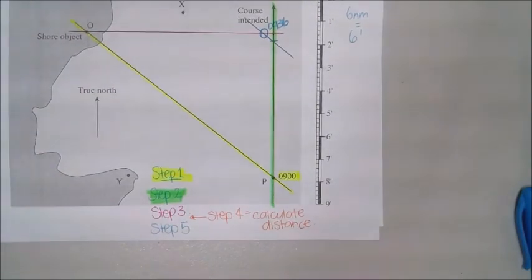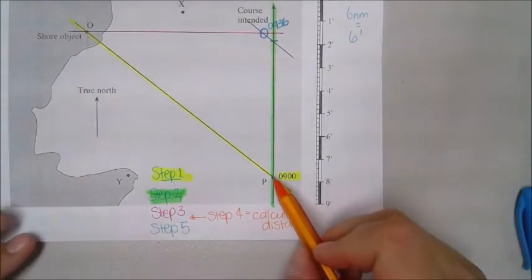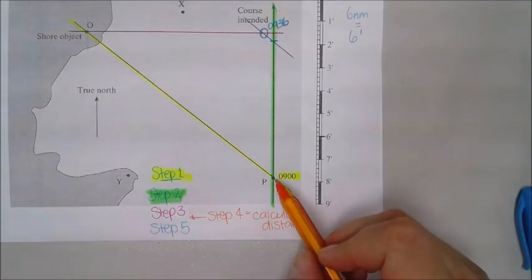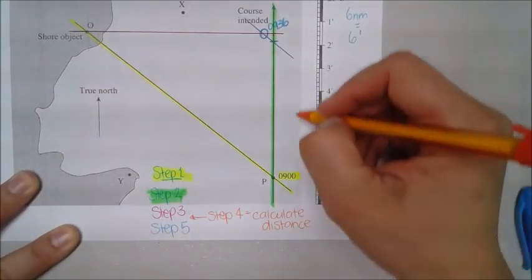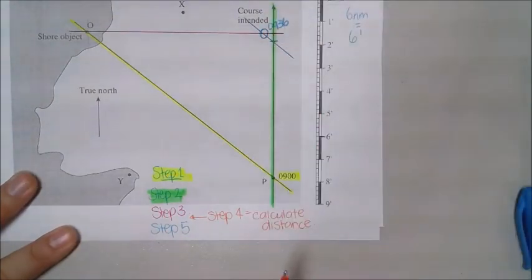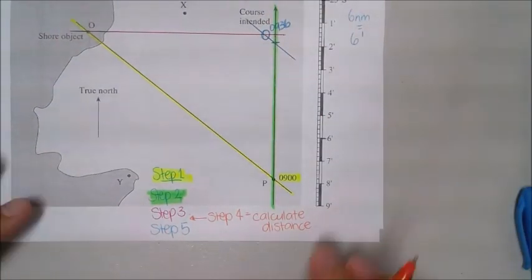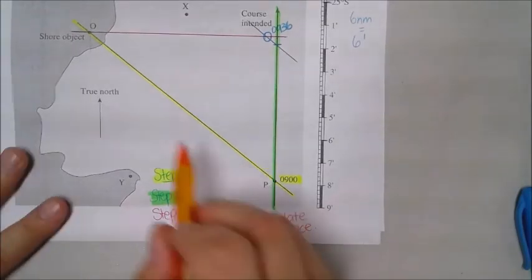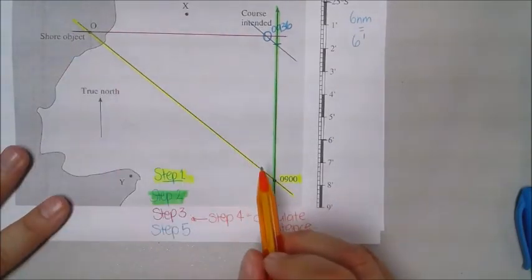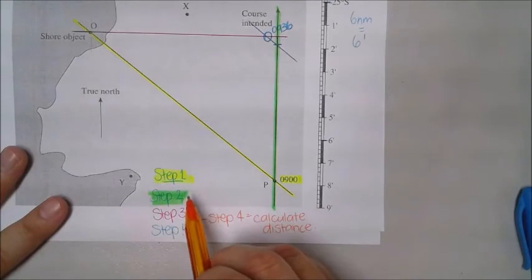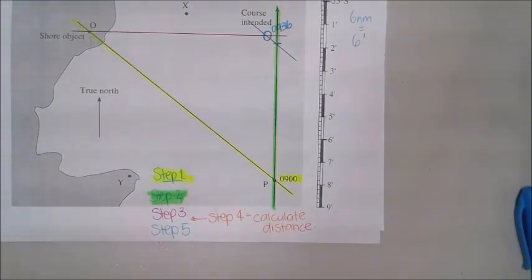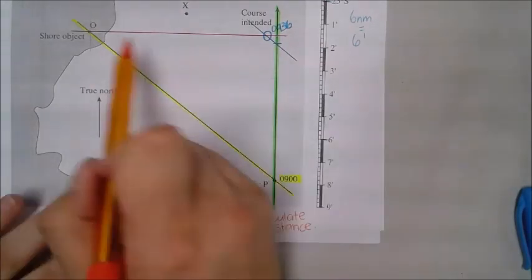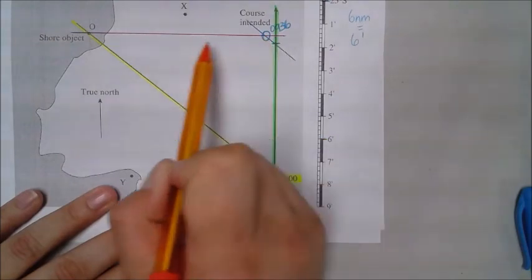Just to recap, a vessel is at point P and has been travelling at 10 knots. The intended course is 0 degrees true, that's that green line. The bearing of the shore object O is taken at 9 AM, which is this yellow line here. You will not always be given these lines already drawn; you may need to draw them yourself. At 9:36, the bearing of shore object O is 270 degrees true, which is this one here.